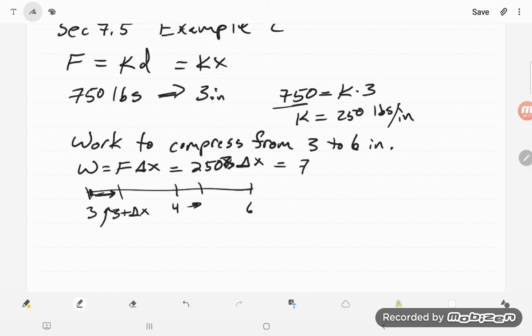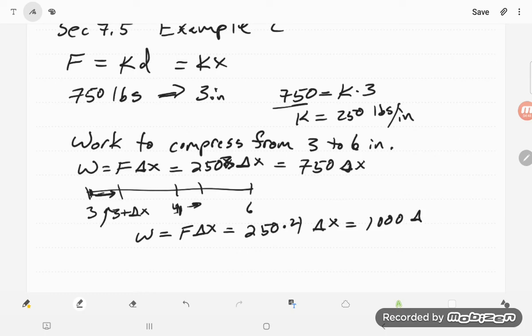750 pounds times the delta x. But by the time I'm at 4, the work is my force times delta x again. But the force to compress when I'm around 4 inches is 250 times that x, or 4, and then times delta x, or about 1,000 times delta x.